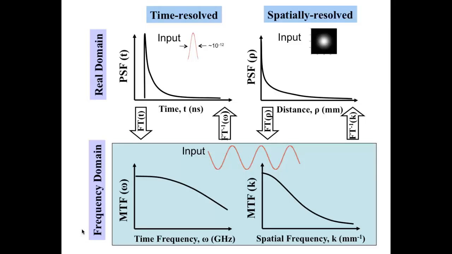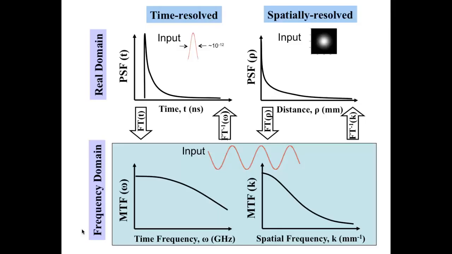This pulse contains essentially lots of frequencies. So if we think of this time-modulated frequency domain approach, it's like a monochromatic approach. This pulse contains all the frequencies that we're going to need to describe the tissue.